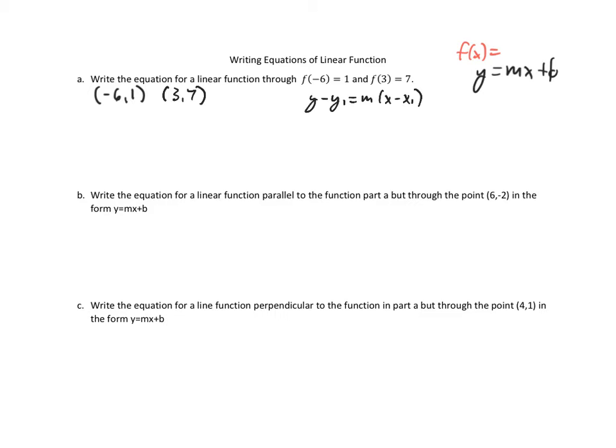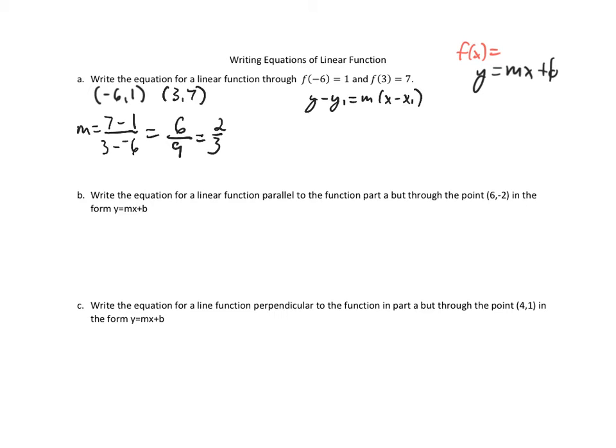So let's start first by finding m, our slope. So m would equal 7 minus 1 over 3 minus negative 6. 7 minus 1 is 6. 3 minus negative 6 is 9. And we know 6 over 9 reduces to 2/3.